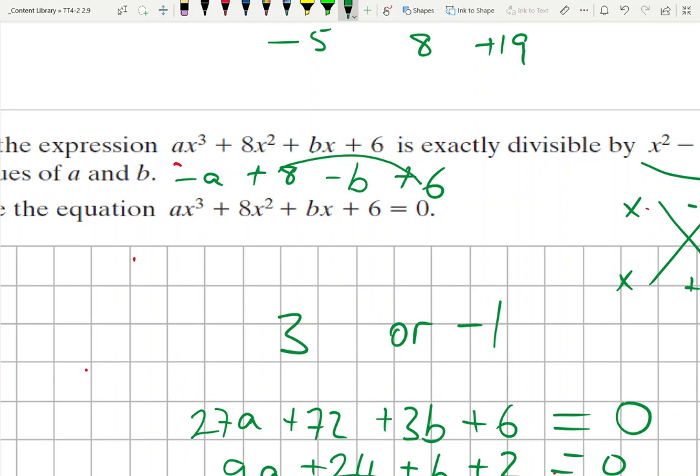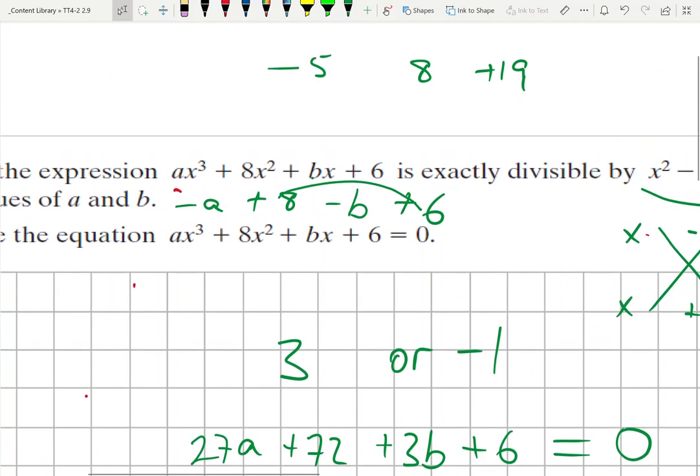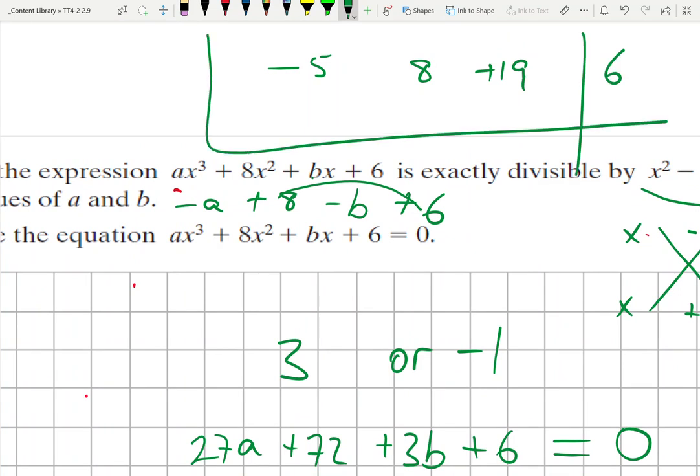That's 19. What you fancy? Minus 1? And put either in. We should end up getting minus 6 here.